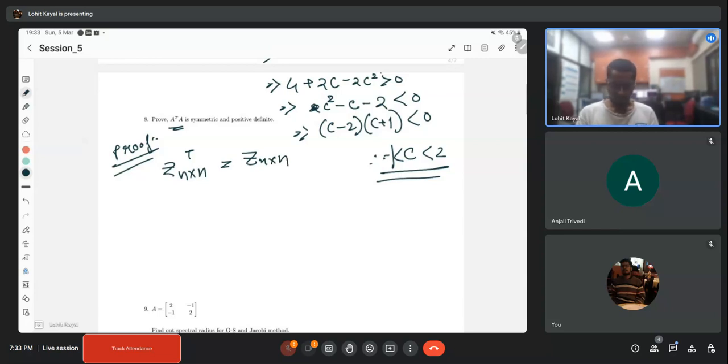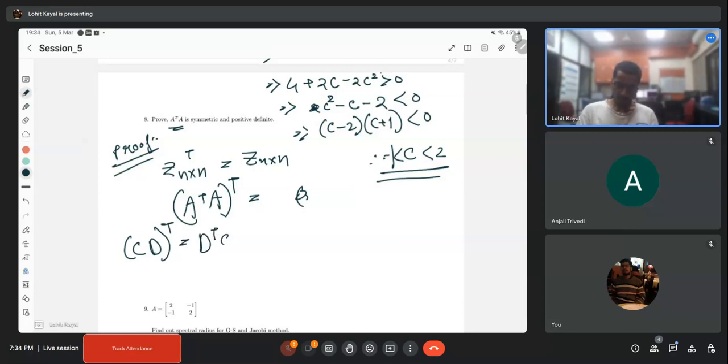Now, to test if this matrix is symmetric, we need to take the transpose. Sorry, I shouldn't take A here. Suppose there are two matrices C and D. The transpose of CD is D transpose C transpose.